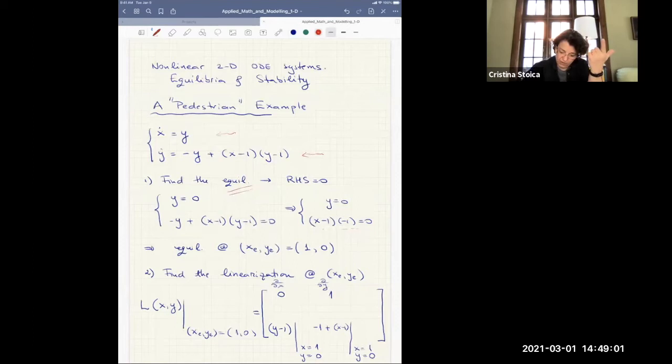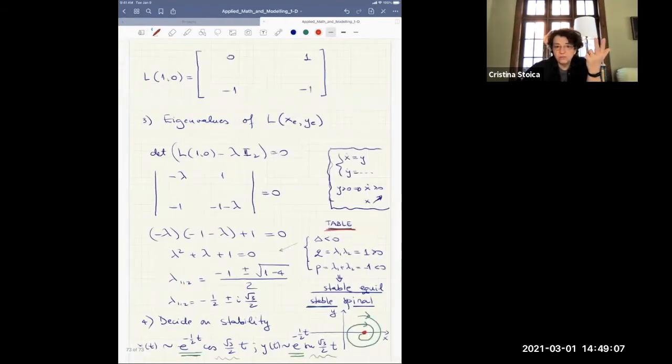The second one, find the linearization at the equilibrium. The third one, compute the eigenvalues; you can use Maple or whatever you want. And the fourth is the stability itself. So use the table or use your knowledge, whatever is more convenient for you.